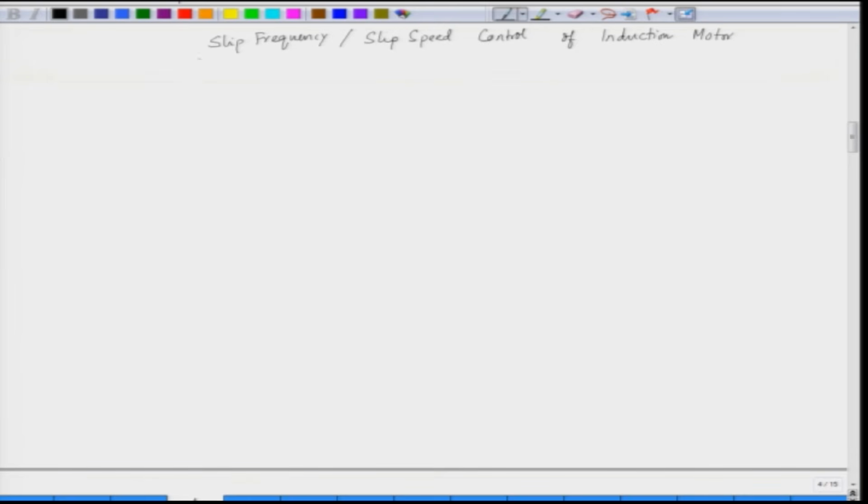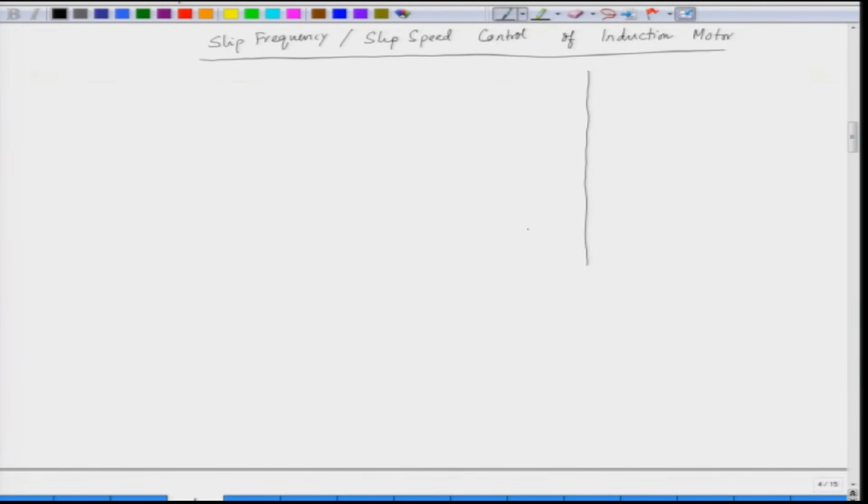Now, why should we go for the slip frequency control? Let us understand the philosophy behind slip frequency or slip speed control. What is slip speed? Now, if we draw the torque speed characteristic of an induction motor, we get the following curve.